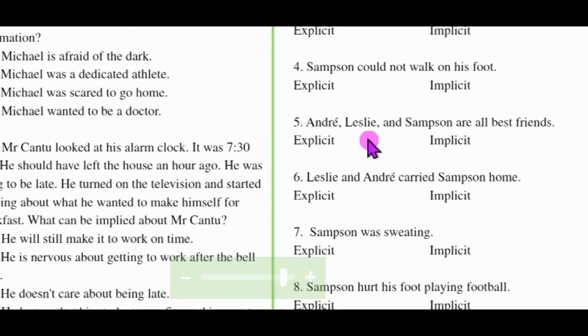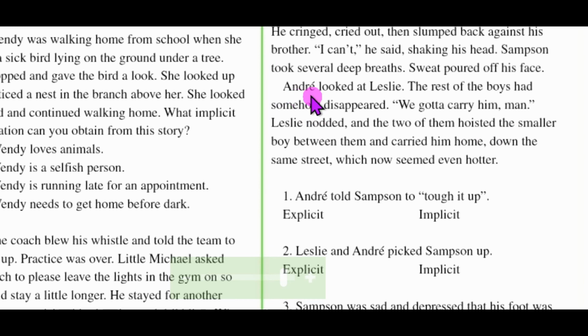Number 5, Andre, Leslie, and Samson are all best friends. And we don't see any information to that. It's implied because Andre and Leslie had stayed when the rest of the boys had disappeared. And then they were the ones that hoisted the boy between them and carried him home. Right?